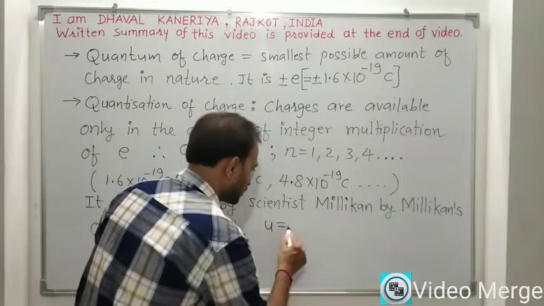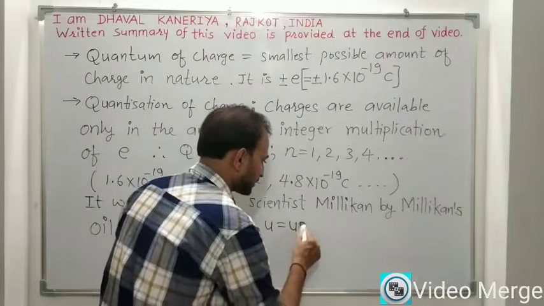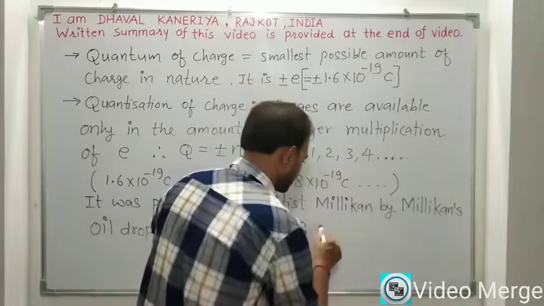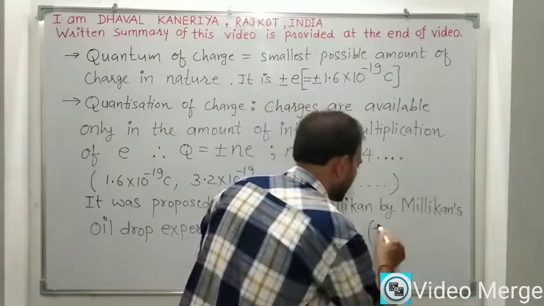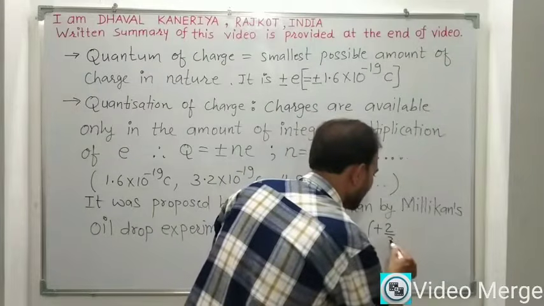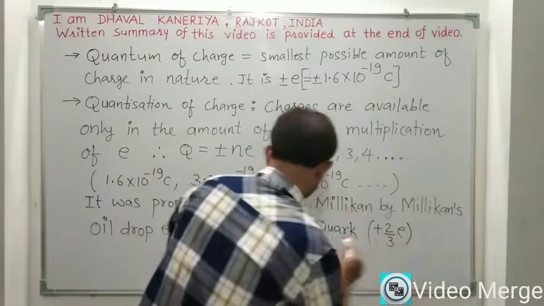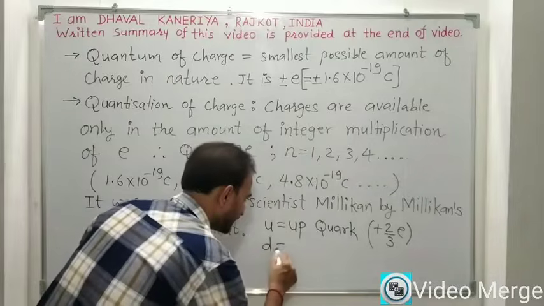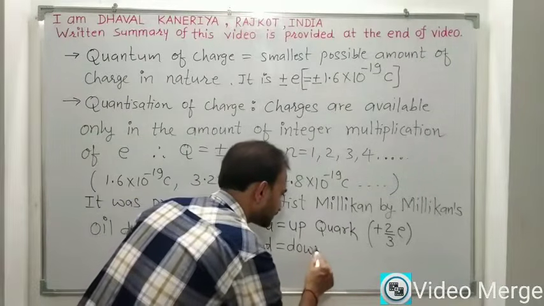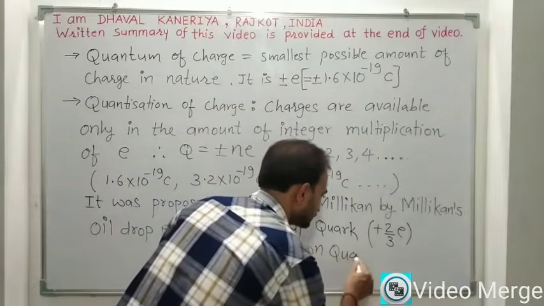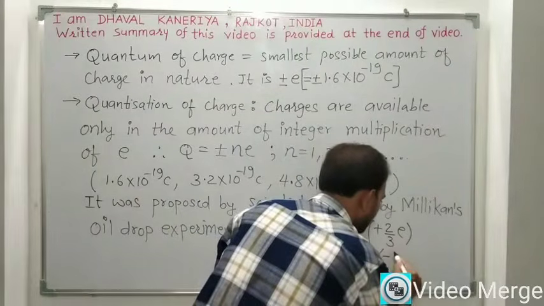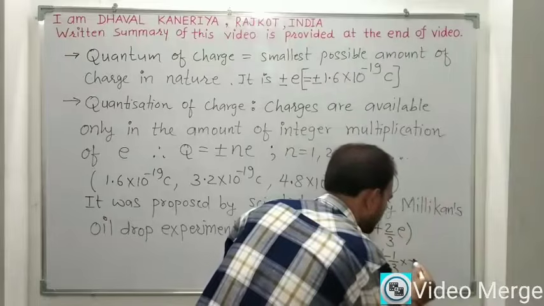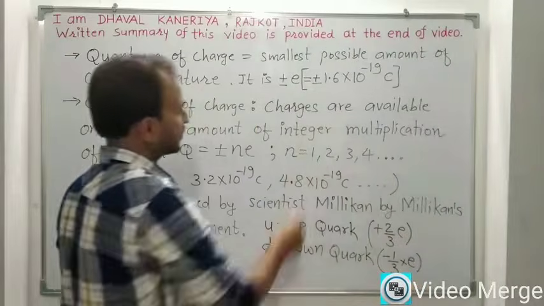U is up quark. It has the charge of plus 2 by 3 e. D is down quark. It has the charge of minus 1 by 3 into e, this quantity.